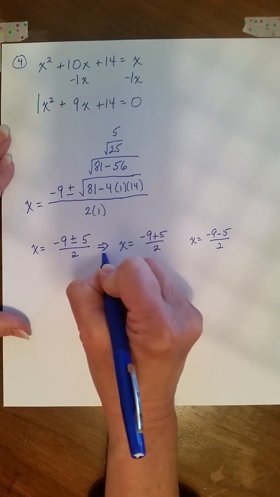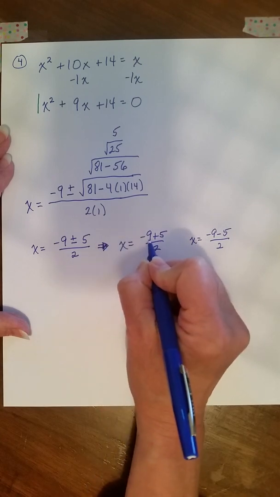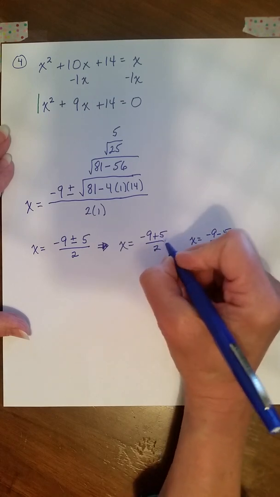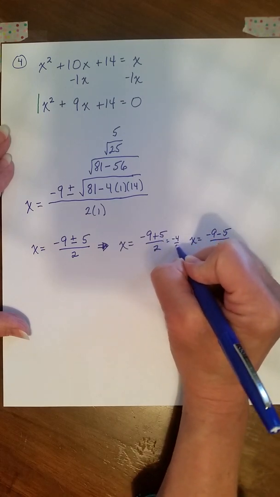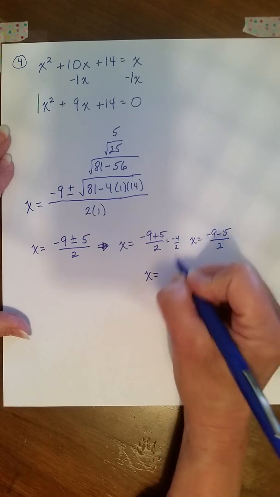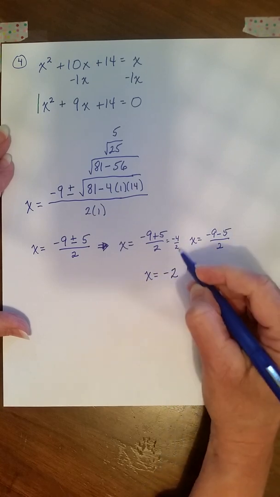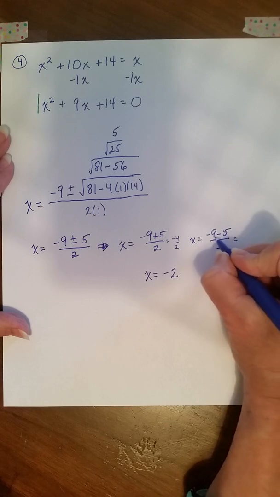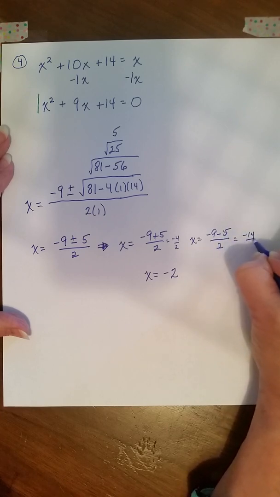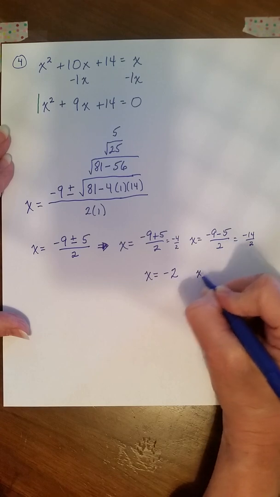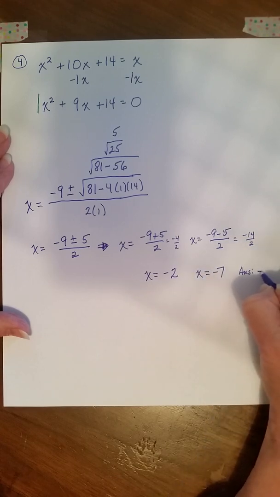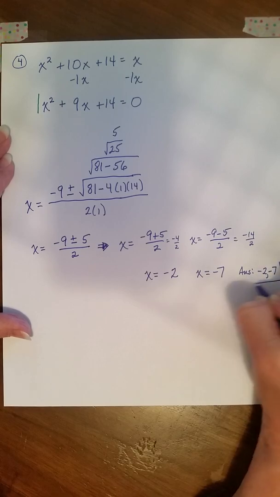So from here, I have -9 plus 5 and -9 minus 5. -9 plus 5 is -4 divided by 2. So that actually turns out to be an integer, -2. And over here, -9 minus 5 is -14 divided by 2, which turns out to be another integer, -7. So our answers are -2 and -7.